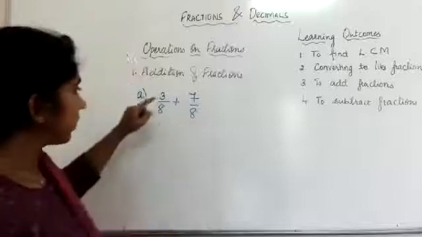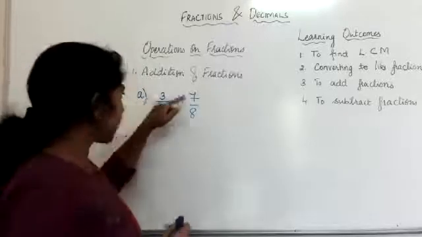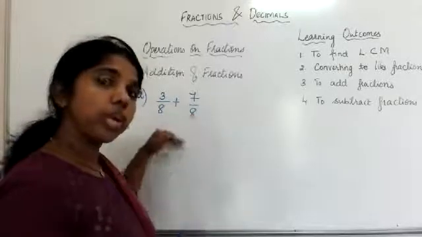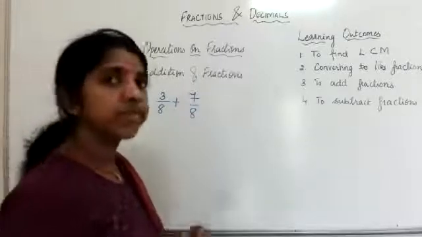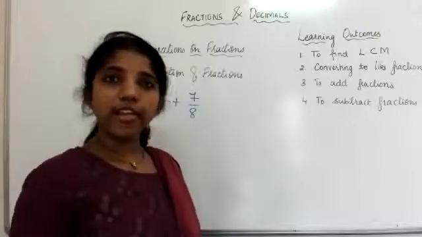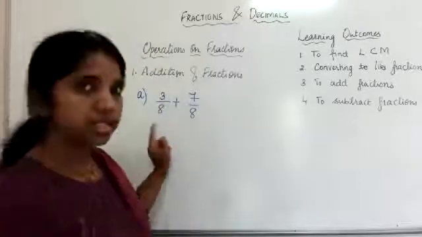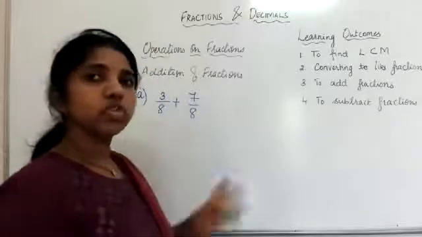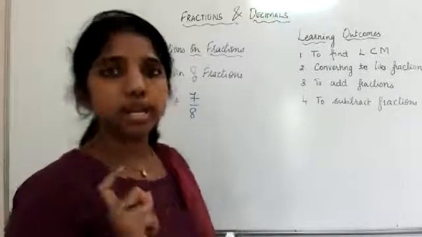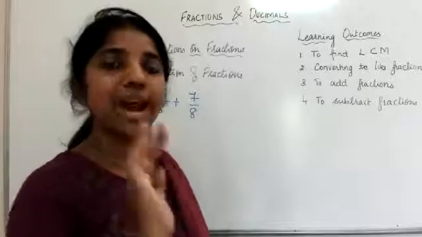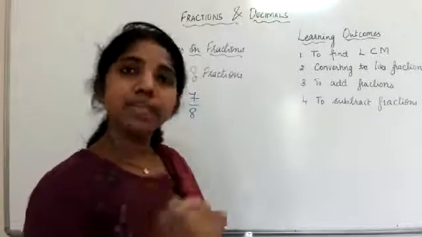Now let's look at these two fractions, 3 by 8 and 7 by 8. What can you say about them? Yes, these are like fractions, because the denominators are the same. When the denominators are same, you can directly add the numerators and keep the denominator fixed.